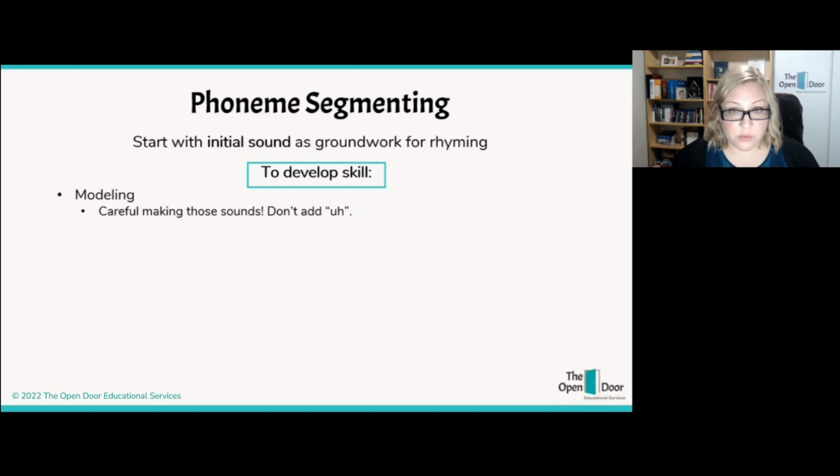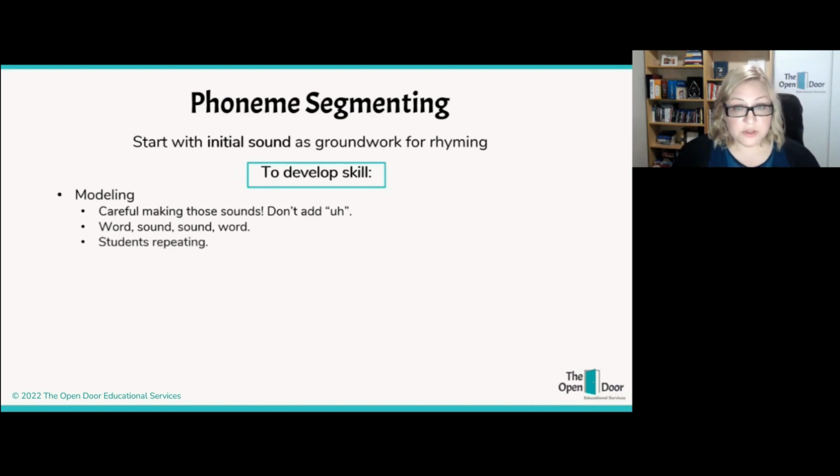And they'll be able to read the word in a much easier way without having all those extra vowel sounds thrown in there. So again, you will model top, t, t, top, so that they know they're focusing on that first sound, and then the student repeats back what you've said.